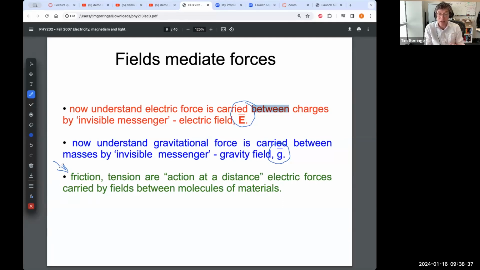So friction and tension arise from the electrical force, mediated by the electrical field between the atoms of the molecules of the materials in contact. So those everyday forces turned out to be action at a distance forces too, at a microscopic, molecular level.